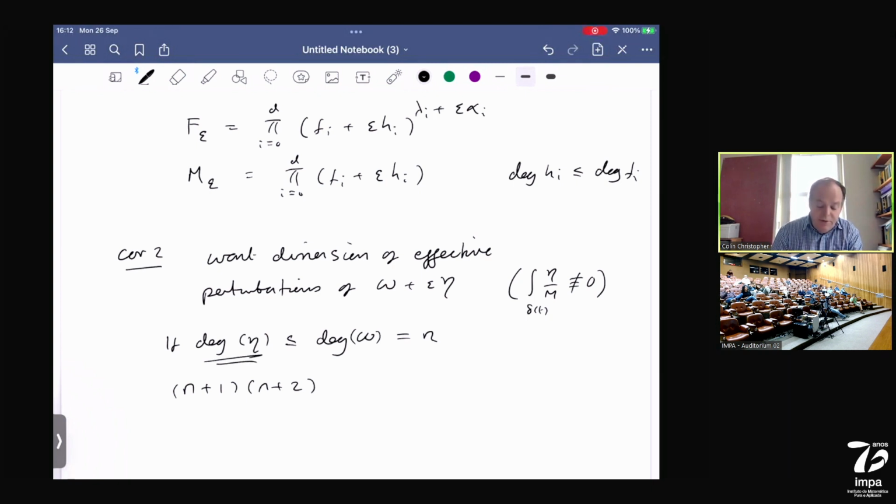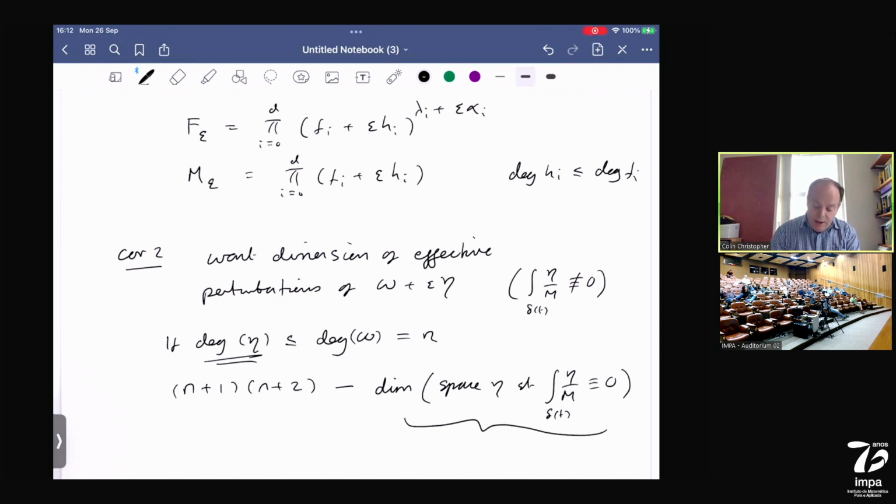So the dimension of the space of one forms of degree n is n plus 1 times n plus 2, minus the dimension of the space of etas such that the integral of eta over m over my vanishing cycle is equivalent to 0. And of course, this is just the dimension of etas which are Darboux relatively exact.